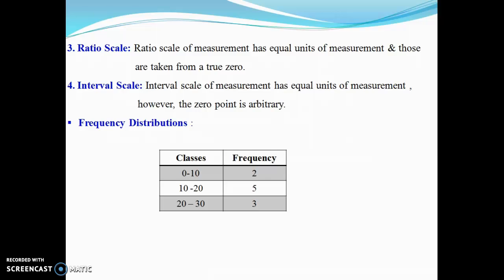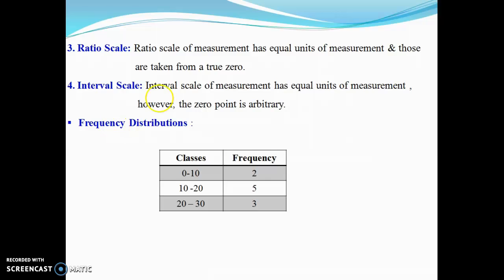Frequency distribution means a table containing class intervals along with frequencies. In other words, the number of observations belonging to a class is called the frequency of that class, and various classes together with their frequencies is called a frequency distribution.